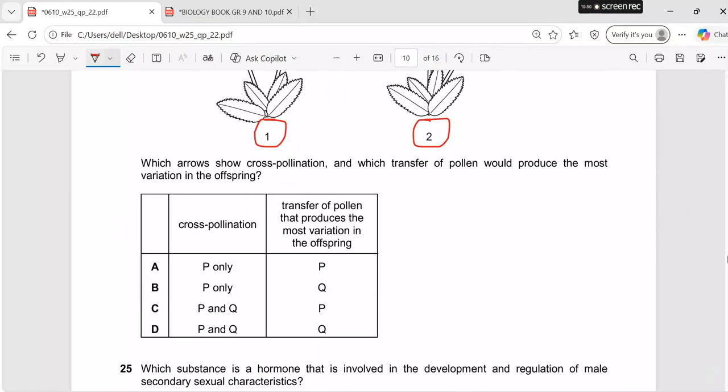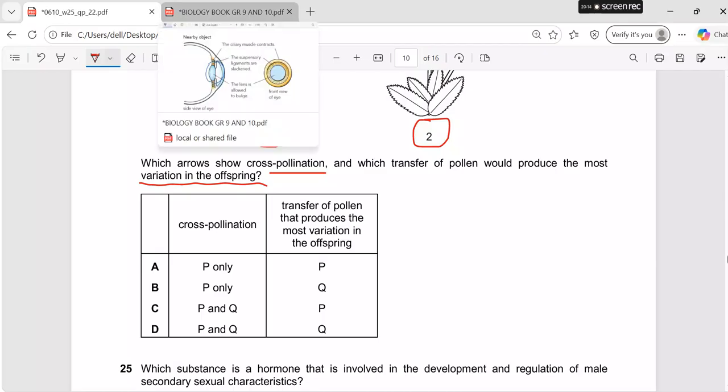Which arrows show cross-pollination? And which transfer of pollen would produce the most variation in the offsprings? Now, if you see, the question is of two parts mainly.